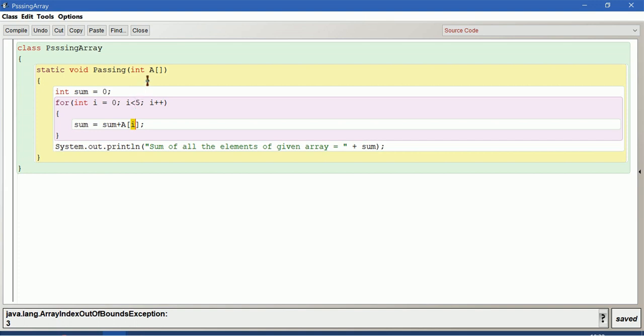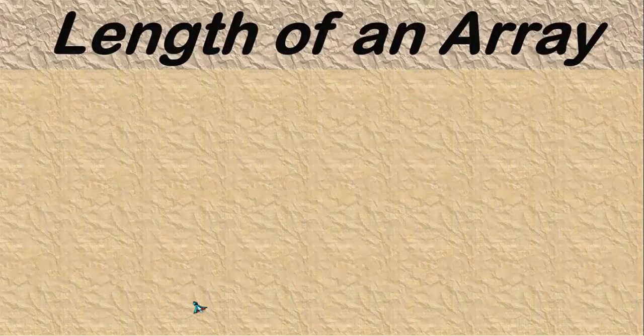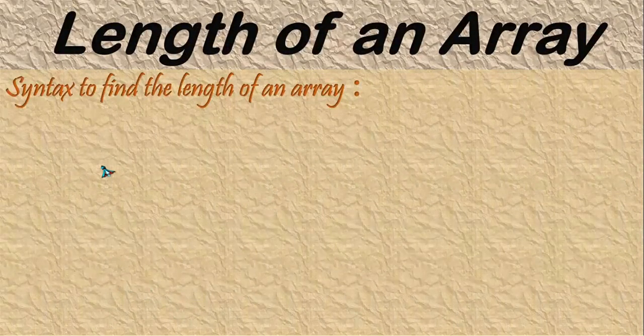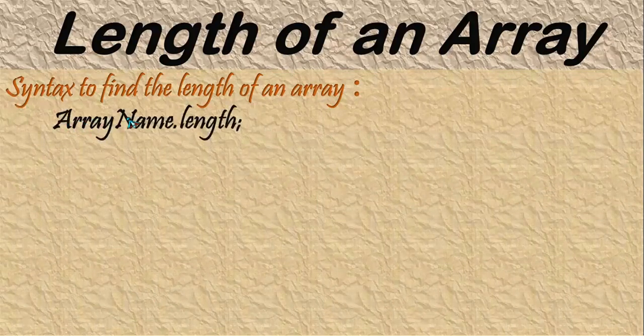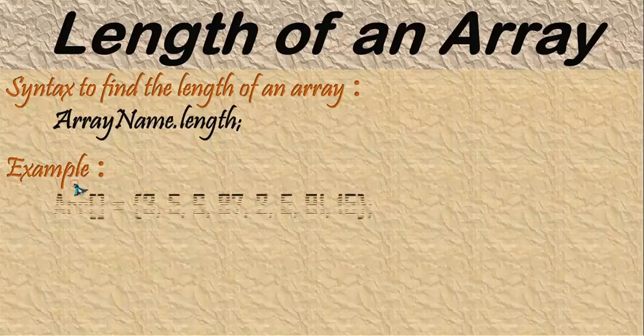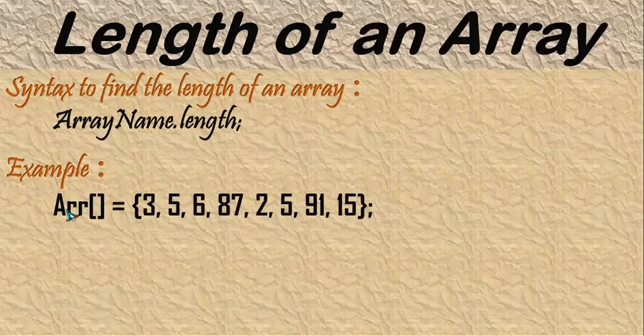In this case, we were not knowing the length of that array. So at that time, we can take the length of array by using length function. To find the length of array, we write name of the array dot length and we terminate. For example, if we have array called arr, then we initialize the value like this.